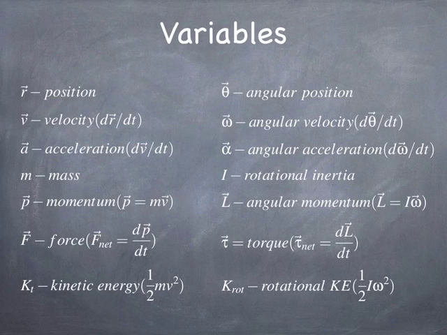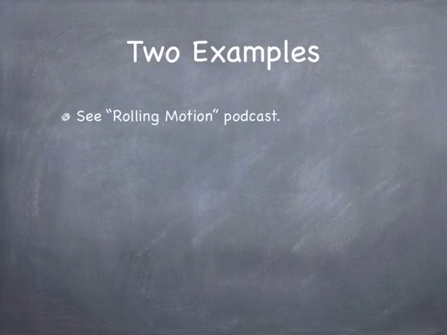So I only want to bring up this table now because it's good to recognize as early as possible that there are these analogies between translational motion and rotational motion, and you can take advantage of your knowledge of the translational motion in order to get insight into the rotational motion.